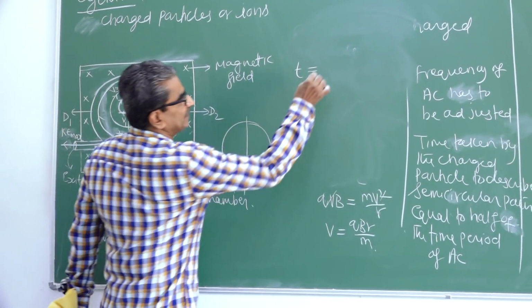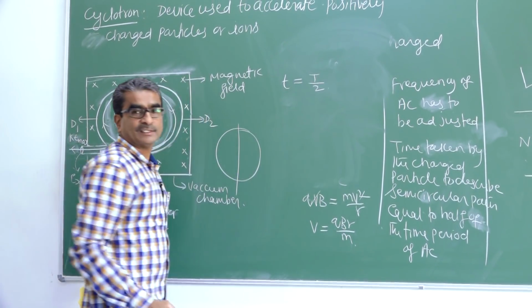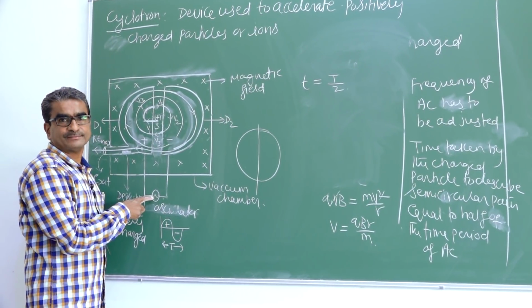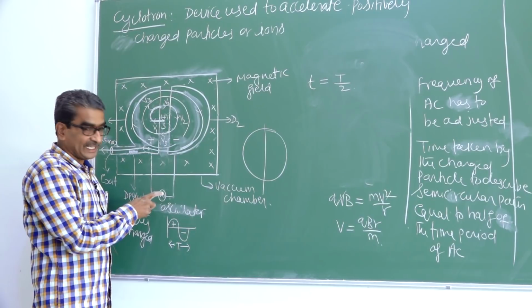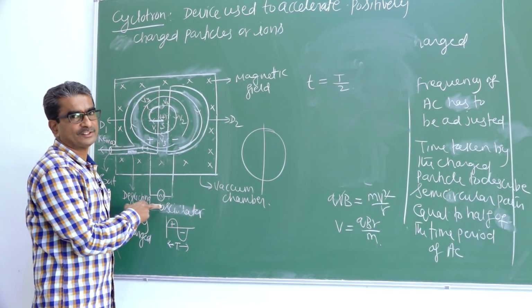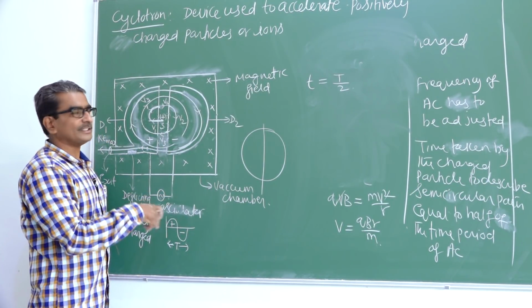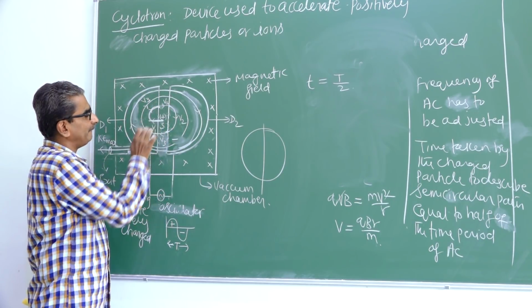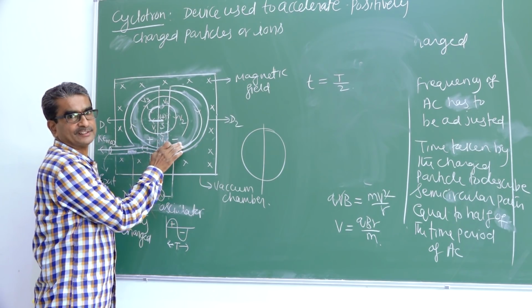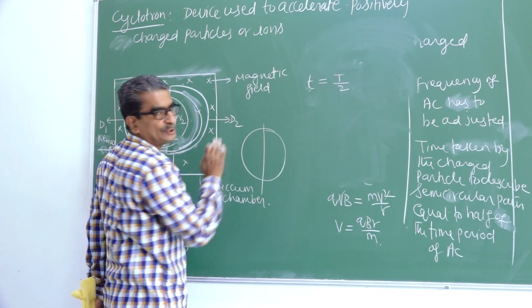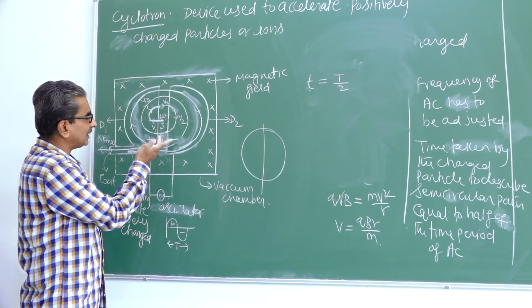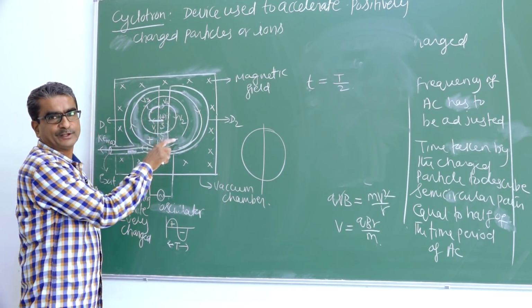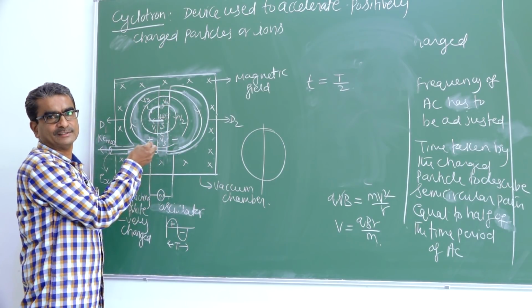It is T. So it should be T by 2. This is how we have to adjust the frequency of AC by means of this oscillator. If we do so, then by the time it comes out of one D, the polarity gets reversed. So this is one important condition to be remembered. Otherwise, you cannot produce the alternating field, and it may become difficult to accelerate the charged particle.